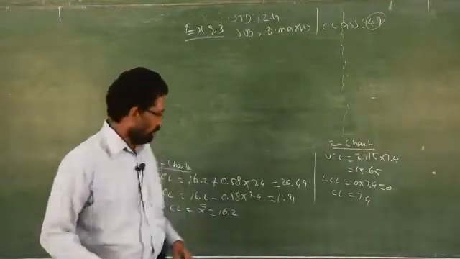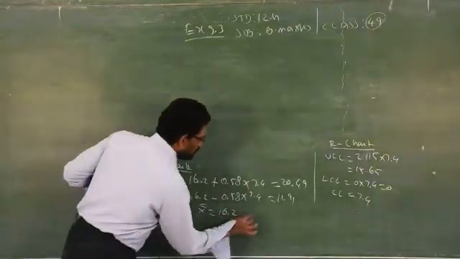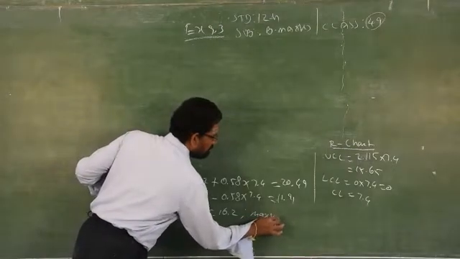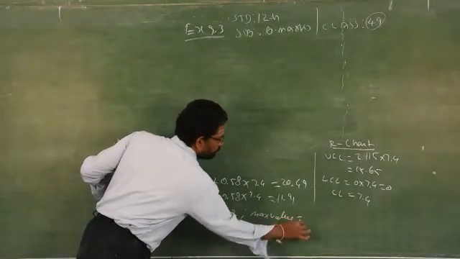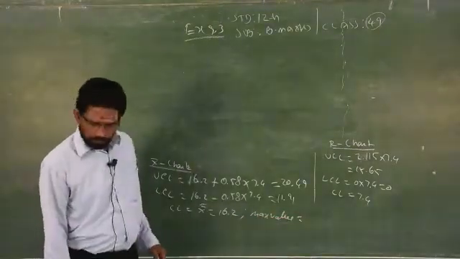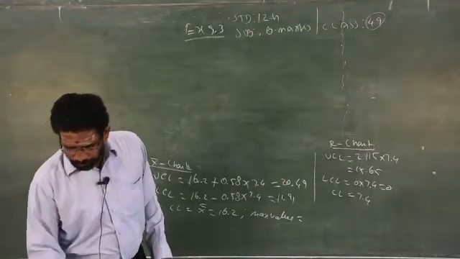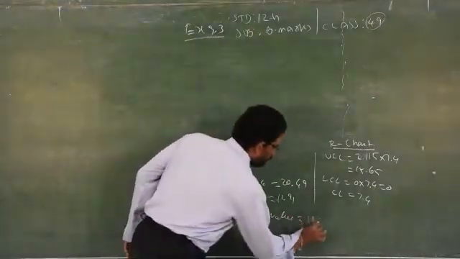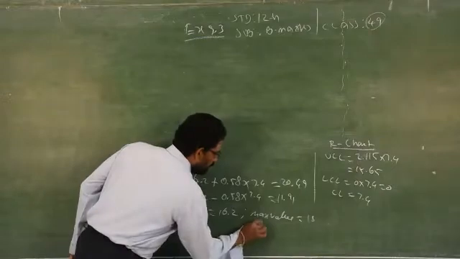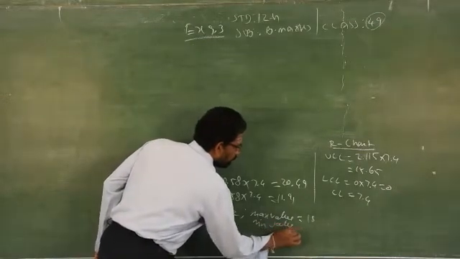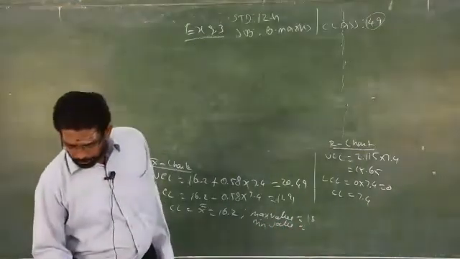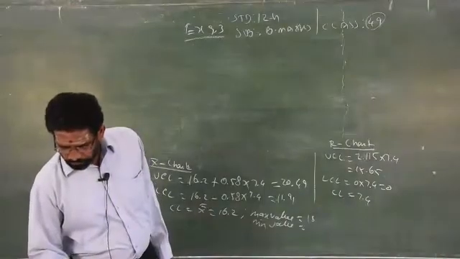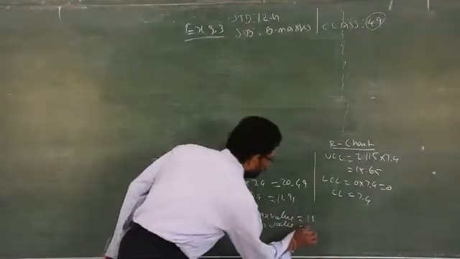Under X bar, you have to see the maximum value. The maximum value under X bar is 18. The minimum value under X bar is 14.